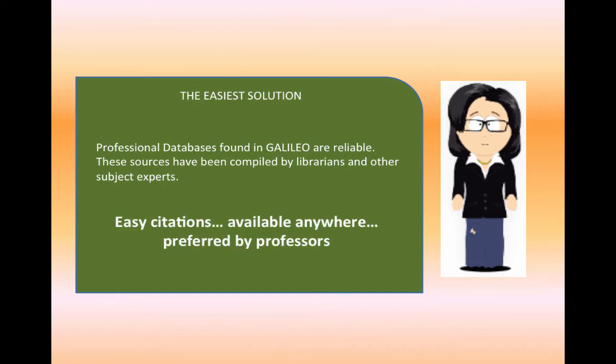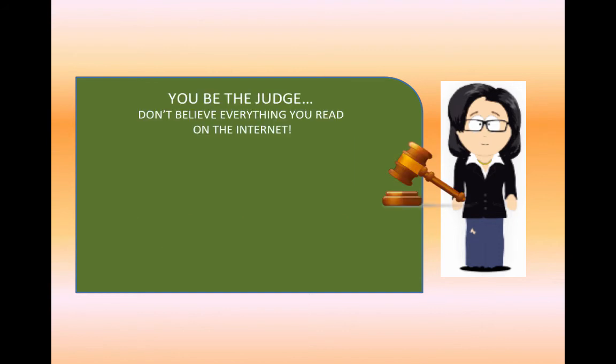Easy citations, available anywhere, and preferred by most professors. But sometimes you do need to do an open web search, and that's fine. Just be careful of the sources that you find and evaluate them carefully. Remember, you be the judge. Don't believe everything you read on the internet.